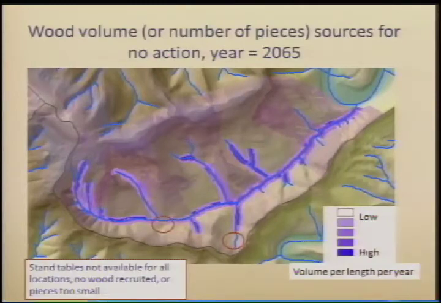The low numbers are the light purple, and darker colors are the higher numbers. The blue lines that you see in there are the reaches. There are areas where I was missing a stand table, or areas where there just isn't any wood, or the pieces are too small to show up in the model. So you're going to see these areas where there just isn't much going on.